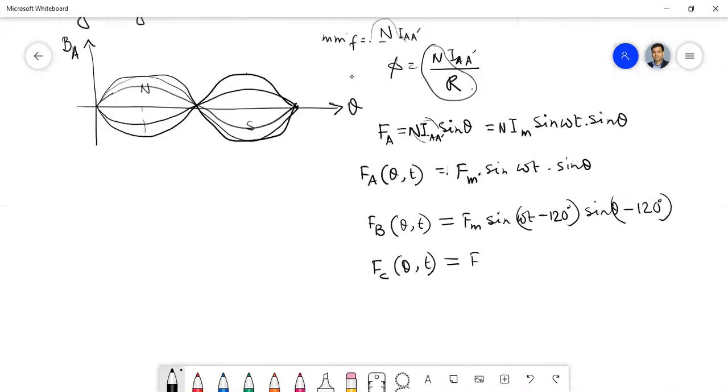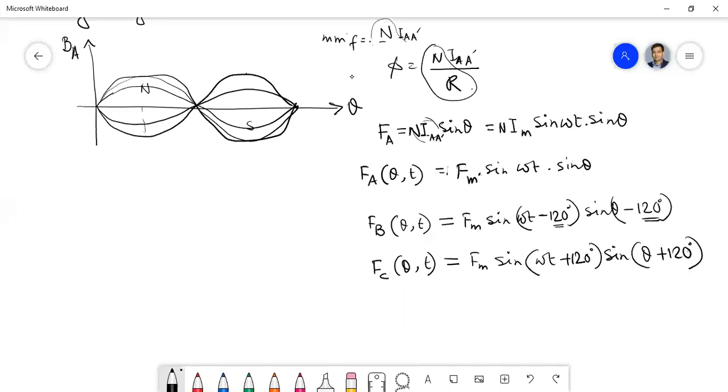Yes sir. Here also you will get the similar thing. Purposefully we have placed the B phase winding, B phase coil, at a 120 degree space shift. This is called the time phase angle. This is the space phase angle. Theta plus 120.